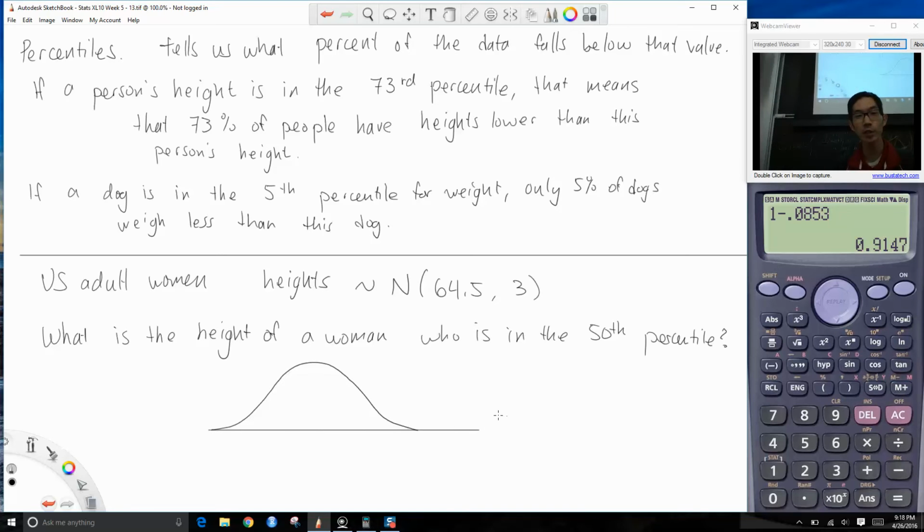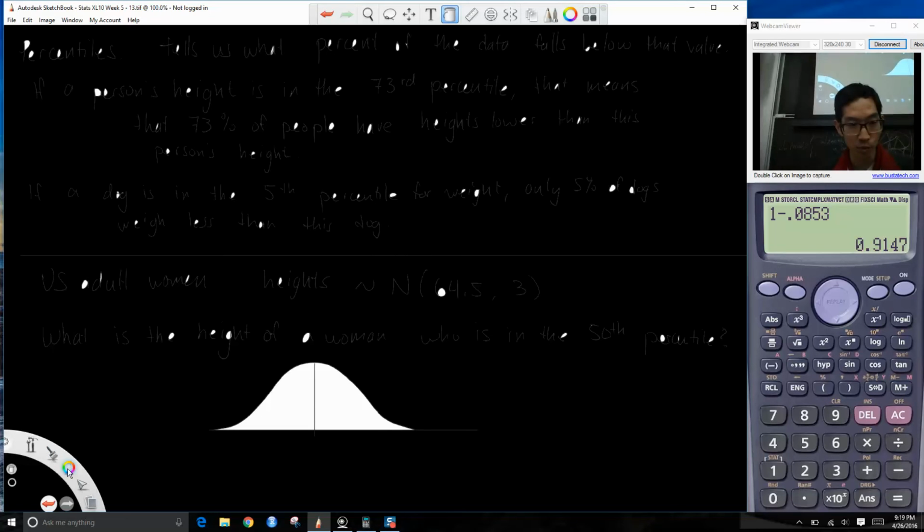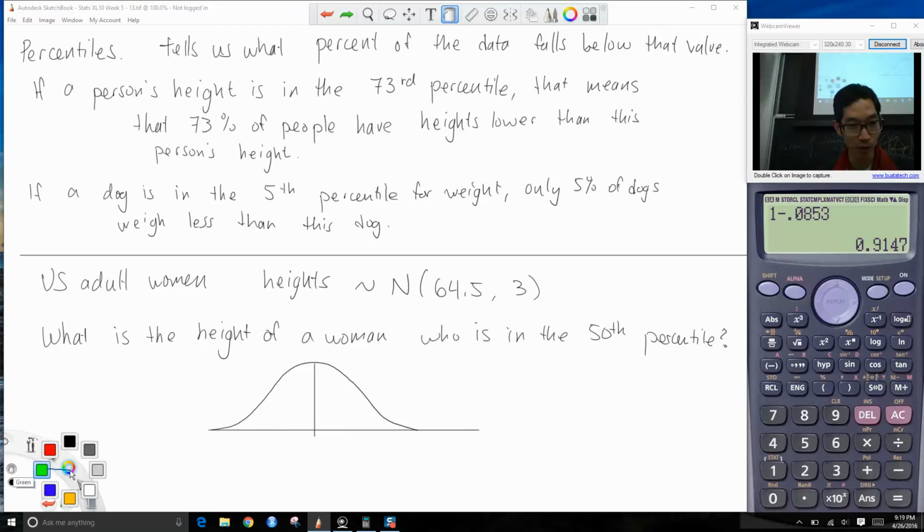The 50th percentile means I'm going to draw a cutoff, and the area shaded to the left is 50%, right? Does that make sense? So where would I draw a cutoff so that the area is exactly 50%? Right in the middle here, okay? So here, if I draw a little cutoff there and I shade the area to the, whoops, that is the opposite of what I wanted.